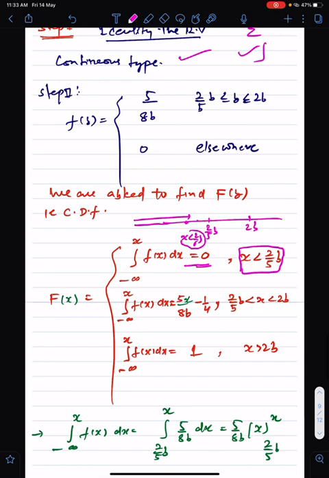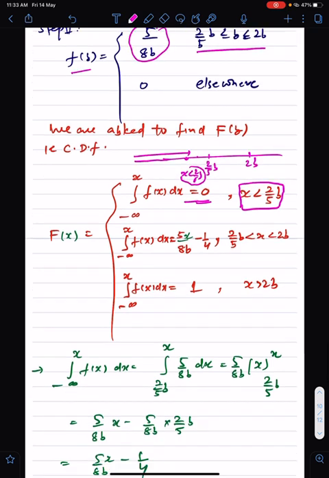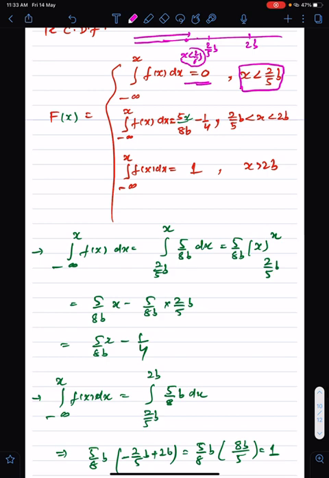So when my x lies between 2 upon 5b and 2b, the function is defined in this interval. Function is defined like 5 upon 8b. I just calculate it, and I'll get 5x upon 8b minus 1 upon 4.